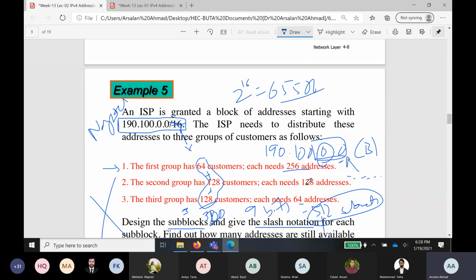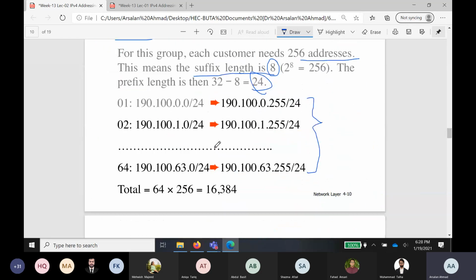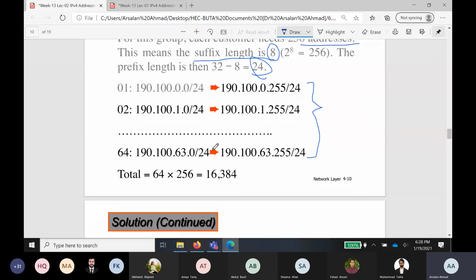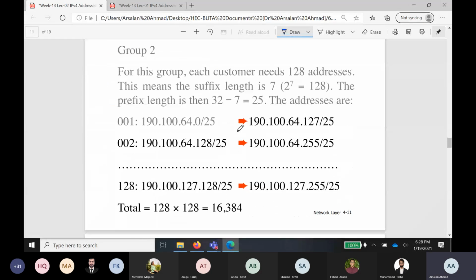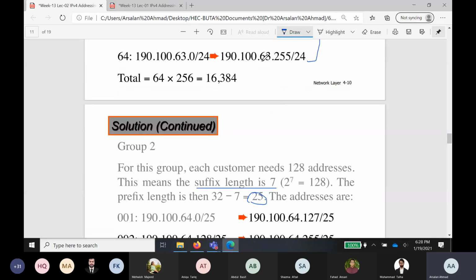For 128 addresses, how long should the suffix be? 2 raised to power 7. So 7 bits are required. The suffix length should be 7, and 2 raised to power 7 is 128. In that case, your prefix is 32 minus 7, which is 25. Now you have allocated up until .63.255. You will allocate group 2 after that. So the next address after this address is this one.